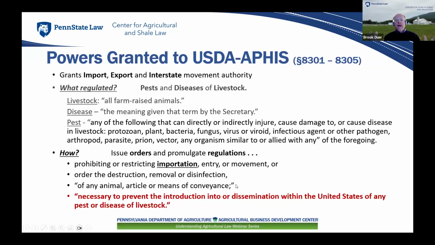Again, just take a whiff of how broad that could be. And the standard that appears in the basic definition of the authority is what is necessary to prevent the introduction into or dissemination within the United States of any pest or disease of livestock.